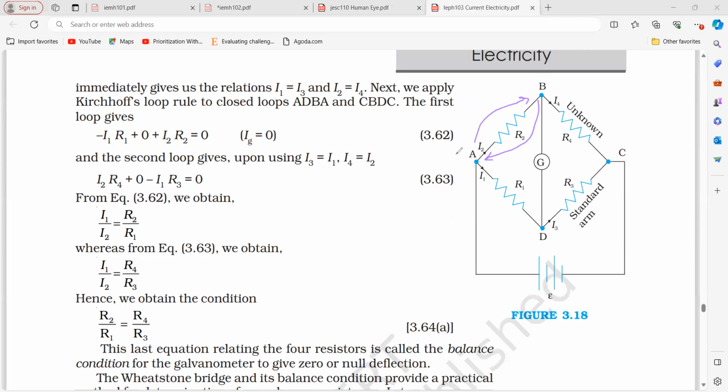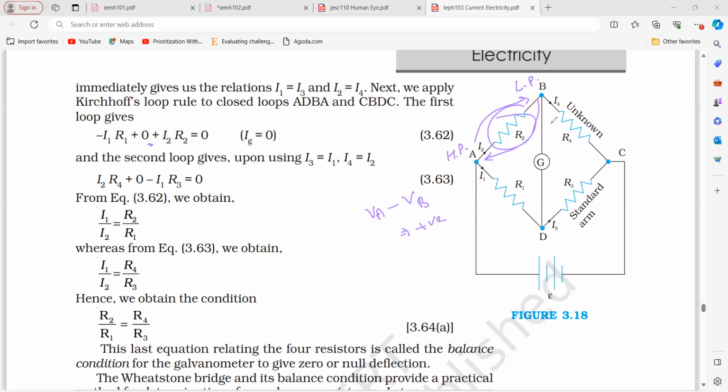Now A is at higher potential and B is at lower potential. So if I subtract VA minus VB, I will be getting a positive value.